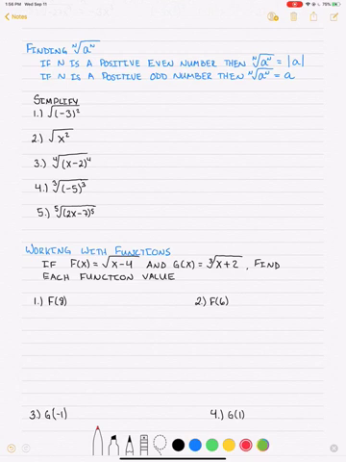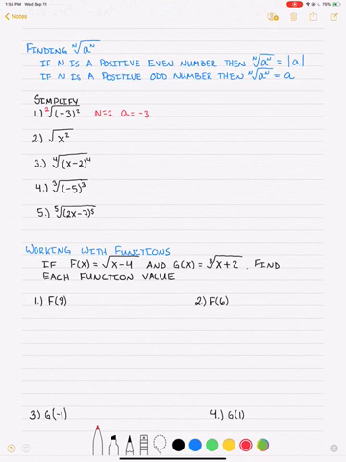I have example 1, the square root of negative 3 squared. With a square root, what you don't notice a lot of the time is there's actually a little 2 here. In this example, n equals 2 and a is -3.